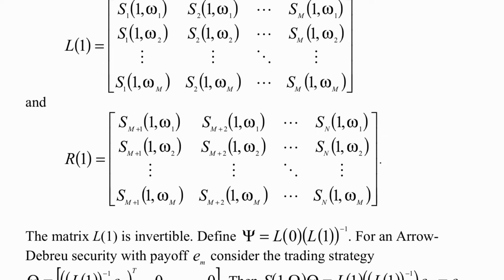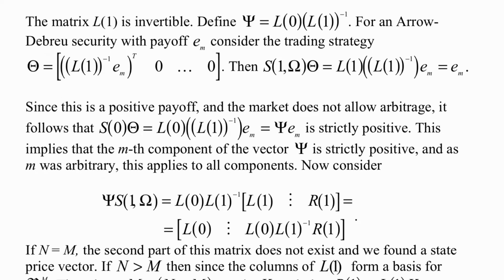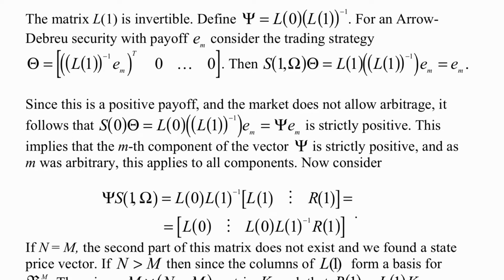The matrix L1 is invertible because we assume that these are linearly independent, and define psi to be L0 times L1 inverse. For an Arrow-Debreu security with payoff EM, consider the trading strategy defined as theta equal to L1 inverse times EM transpose, with zeros following that.